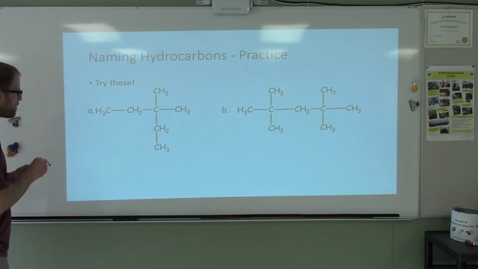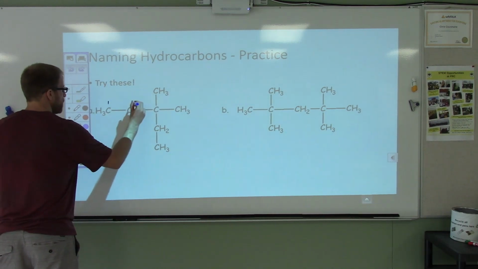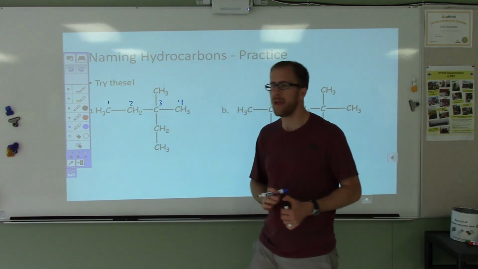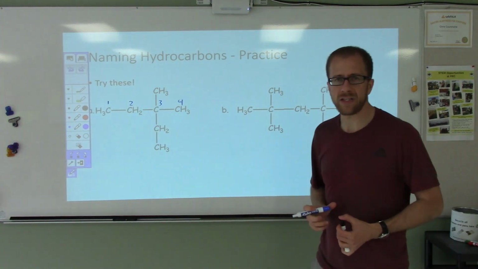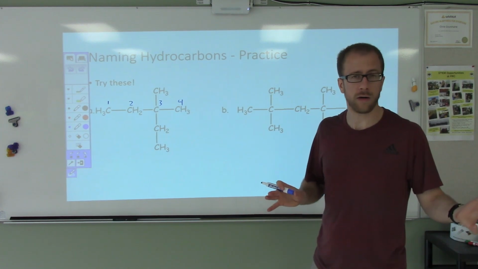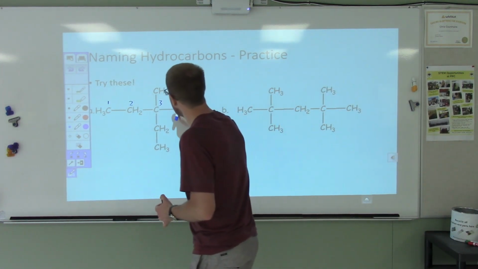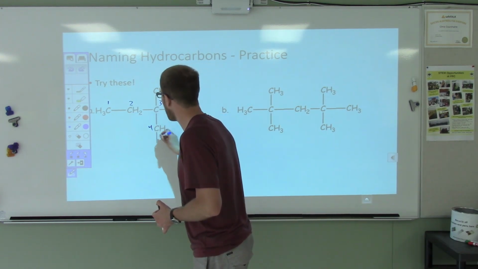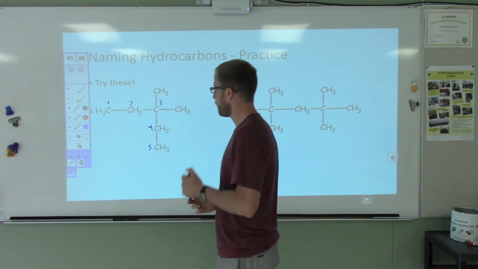Now, you may be tempted to do this. You may be tempted to go 1, 2, 3, 4. Is that our longest chain if we do that? No, right? That is not our longest chain. Our longest chain is if we go 1, 2, 3, 4, and 5.